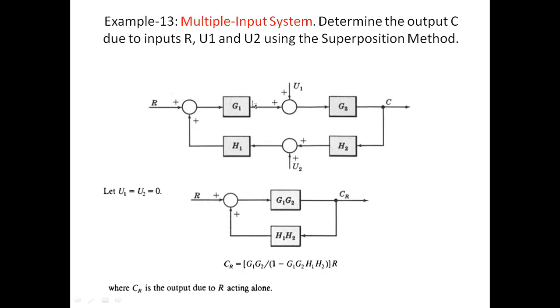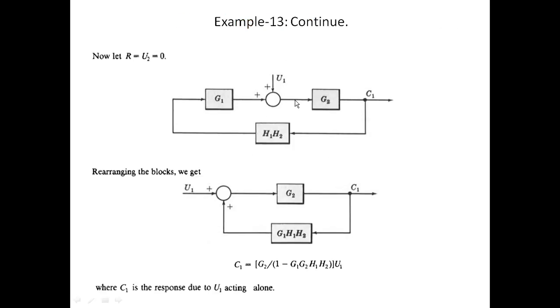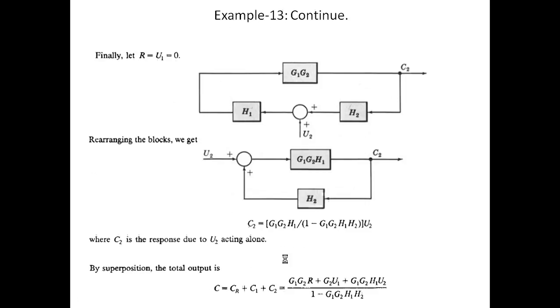The next sum is similar to the previous sum, and exactly in the same manner we have to solve for 3 inputs. So instead of 2 inputs there are 3 inputs. First R is acting on the system, so at that time U1 and U2 are equal to 0. So we get the response due to R, then the response due to U1, then the response due to U2.